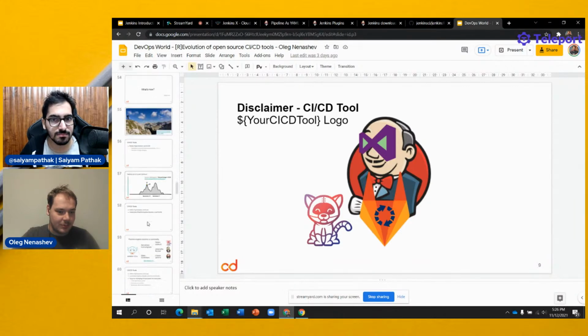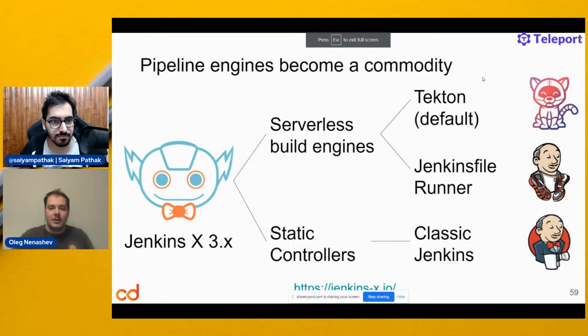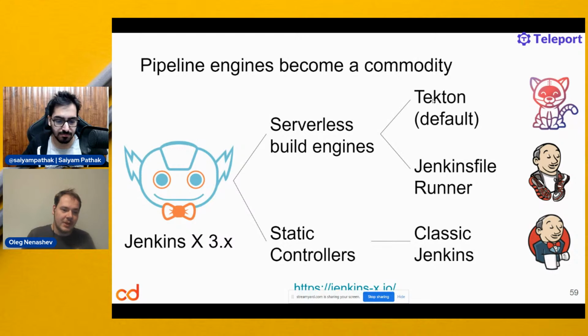But yeah, in 2019, Jenkins X introduced support for Tekton. This is the project which was presented on Tuesday, I believe. Tekton is also a cloud-native pipeline engine which can be used in conjunction with orchestration services. So basically, Jenkins X became an orchestration service which supported three pipeline engines.